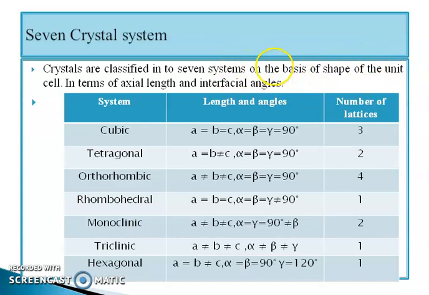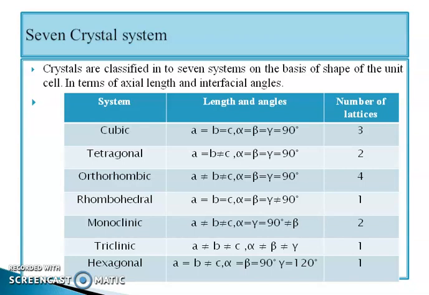Tetragonal. Tetragonal has two sides of the same length. The third one is different, but all the three angles are 90 degrees and they are of two types. Next is orthorhombic. In orthorhombic, all angles are the same, but all the sides are different. They are of four types. Rhombohedral.